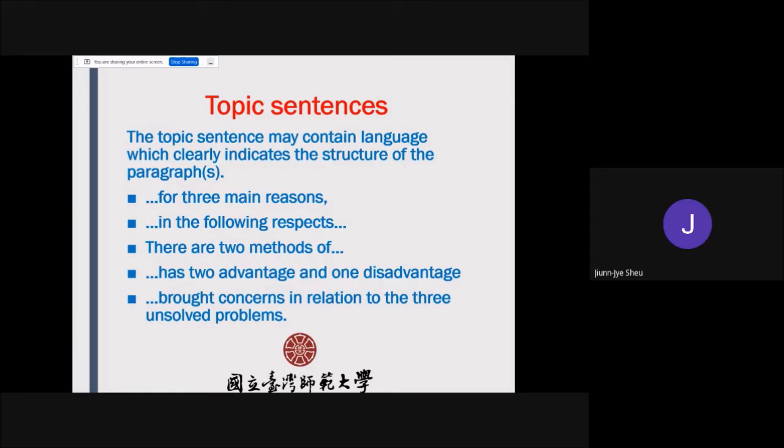And a subject has 2 advantages and 1 disadvantage. So your supporting sentences can discuss the advantages and disadvantage. Another example is the subject brought concerns in relation to the 3 unsolved problems. Then your supporting sentences can say, first of all, second, third. So your supporting sentences can be more structured to support your leading topic sentence.